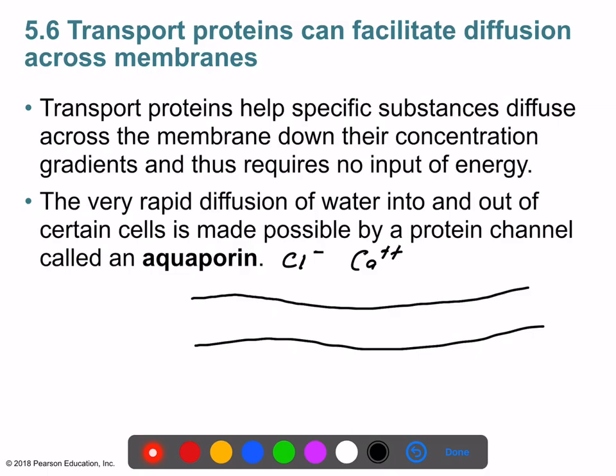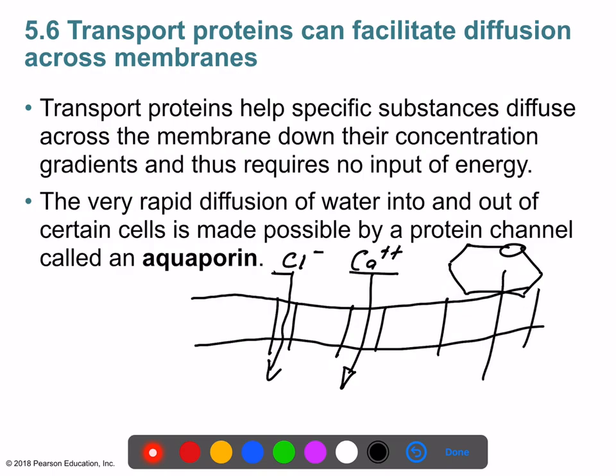Those things are going to need specific transport proteins. So there's a specific transport protein that allows chlorine to go through. There's a specific calcium transporter that allows calcium to go through. If you were really big, like glucose, and I'm not doing it justice here, it would be much, much bigger than any of these that I've drawn.